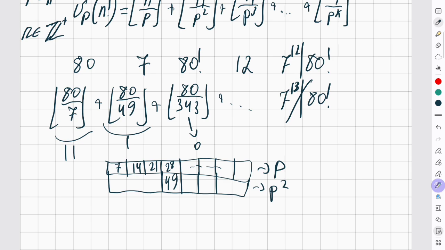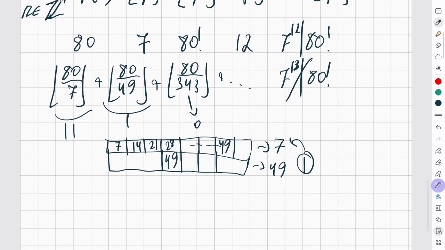However, we have already written 49 in the first row because it is divisible by 7. So that is why we just add an additional 1 here for the power of 7 to show that 49 contains 2 sevens.